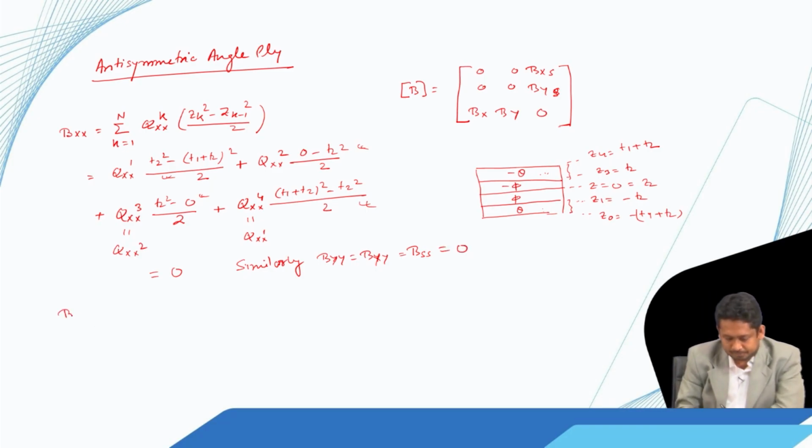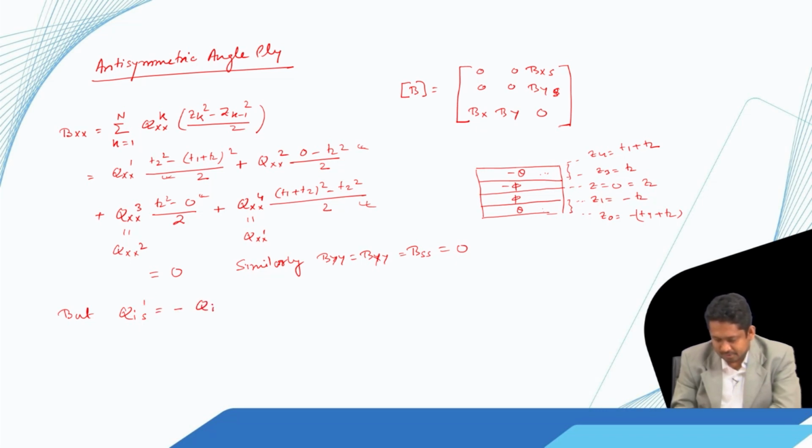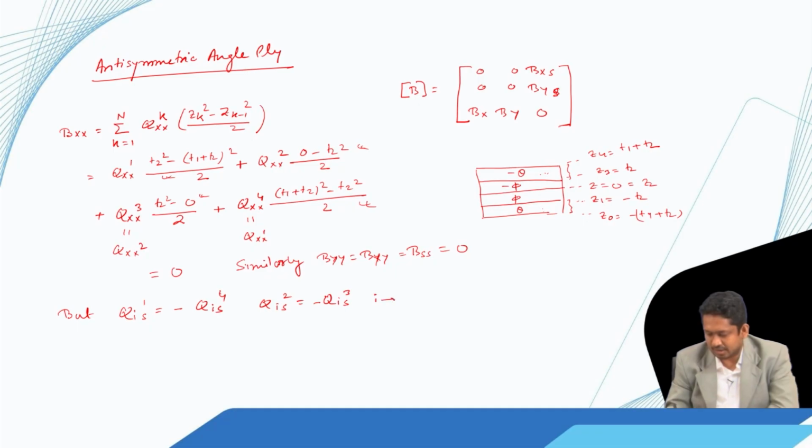But QIS for layer 1 is negative of QIS of layer 4, and QIS of layer 2 is negative of QIS of layer 3, where I is either x or y.